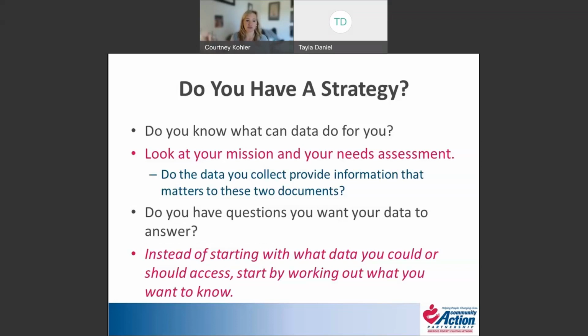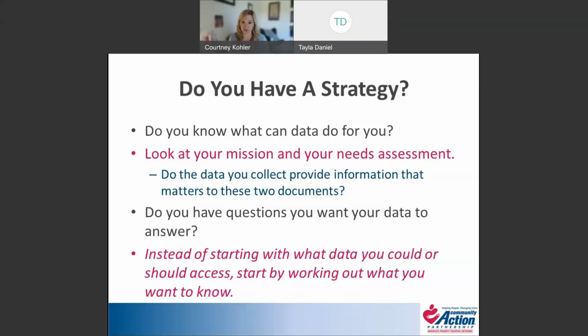Another thing you can do is look at your mission statement as well as your needs assessment, and identify ways that the data you collect provides information that matters to those two things. With your needs assessment, you're probably collecting community and individual level data about the people that you serve, or the people within your community, to identify high priority needs and help guide the programs and services.